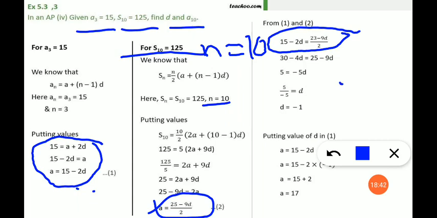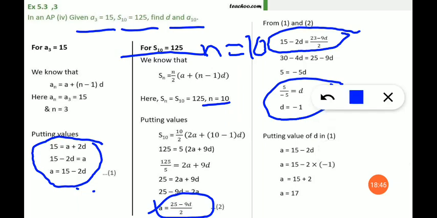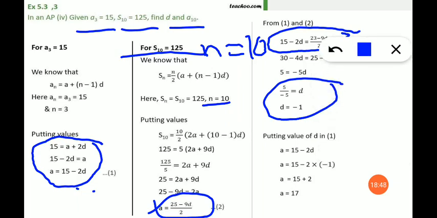After solving we get d is equal to minus 1. Now since d is known to us, we will substitute the value of d in equation 1, and we will get a is equal to 17.